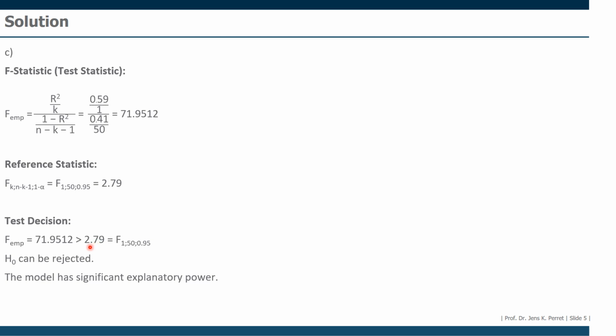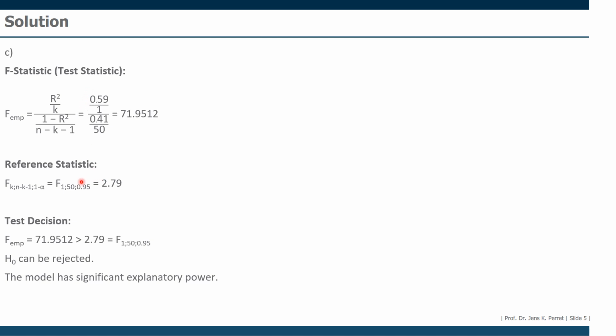So this tells us if we increase our number of observations with R squared remaining the same, then the chance increases twofold that we can reject H0. On the one hand, this will increase the test statistic.